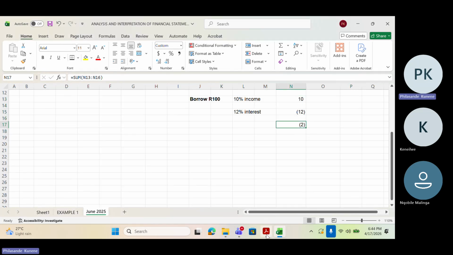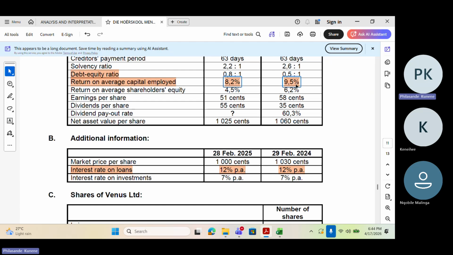If you analyze what is happening here, you're generating 9.5 for the monies that you borrowed. Because remember, the return on average capital employed: when we're talking about the capital employed, we're talking about both equity and what?